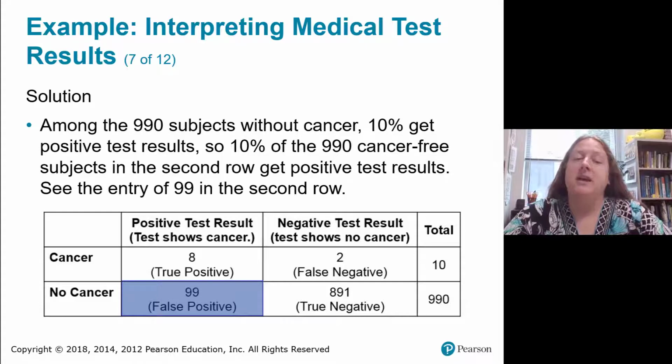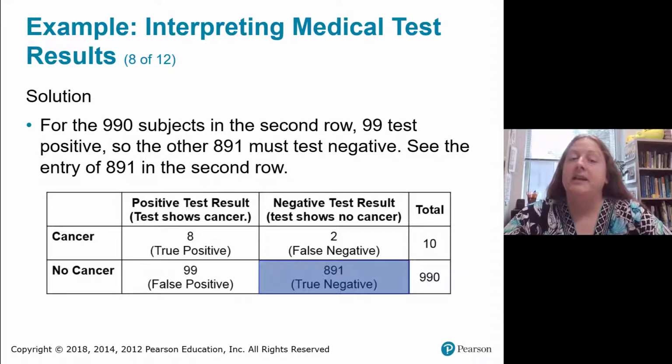So now we're going to talk about how we get these numbers inside of our table. Looking at the 990 subjects without cancer, 10% are going to get positive test results. That's that 10% false positive. So 10% of the 990 cancer-free subjects is 99 subjects. So 99 of our subjects will get a false positive.